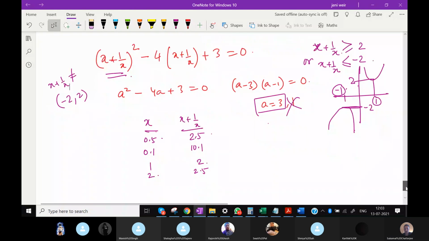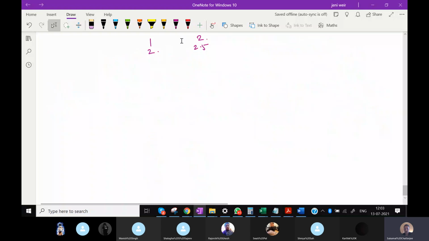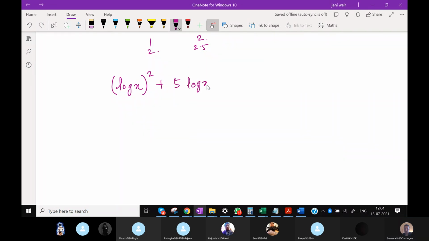Once again, there can be a combination of this and, let's say, logarithmic. So log x whole square plus 5 log x plus 6 equal to 0, right?